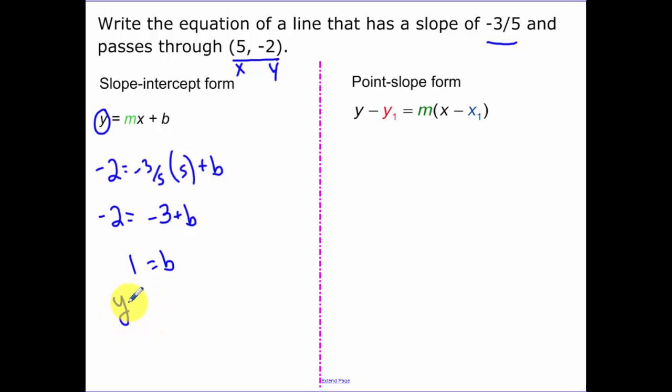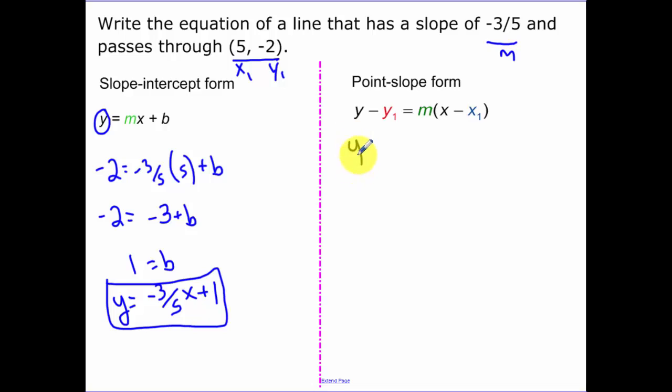So now plugging into y equals mx plus b, we get that equation right there. Now plugging in point slope form, remember, this is x1, y1, and this is my m. So all you have to do is plug in.